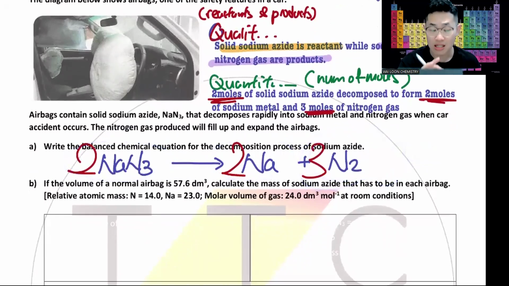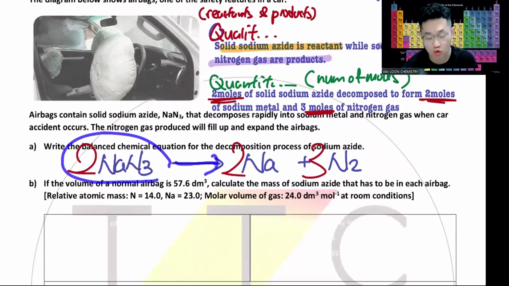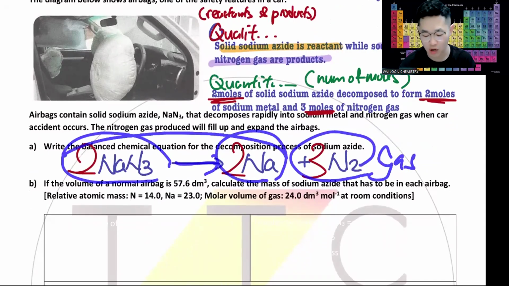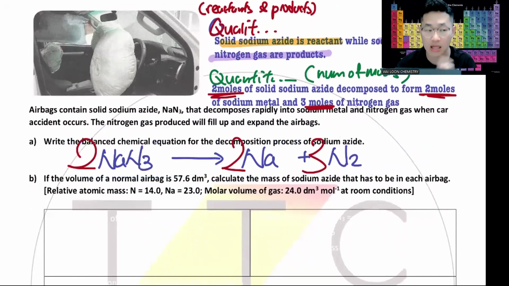If you don't write the state, sometimes your teacher is actually okay with that. If you say 2 moles of sodium azide decomposed into 2 moles of sodium and 3 moles of nitrogen gas, this one I know it's a gas. The other two I don't know. If you don't write the state, it's actually okay.